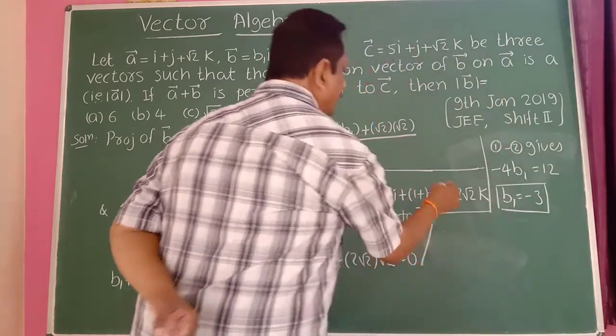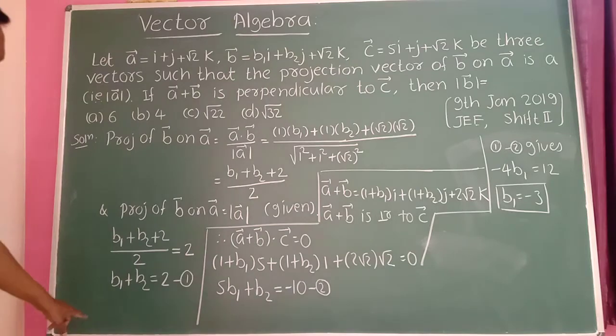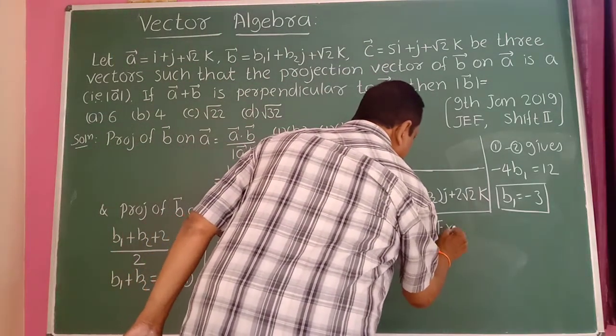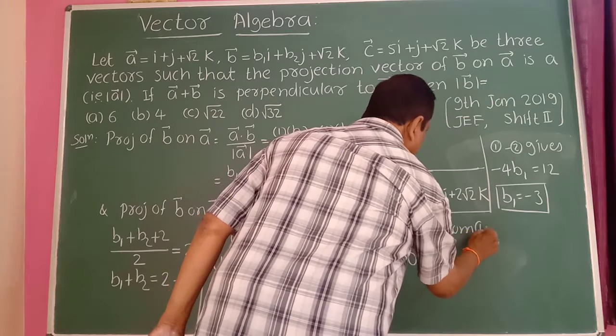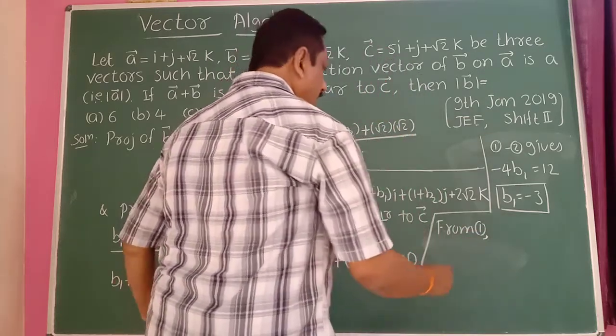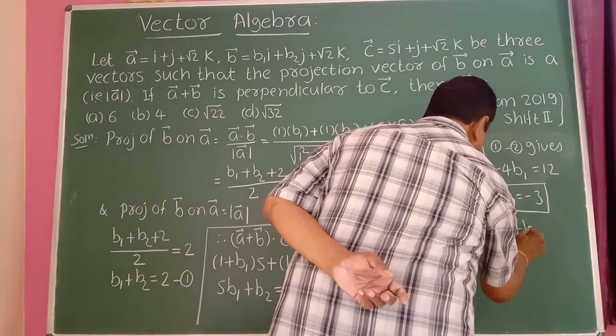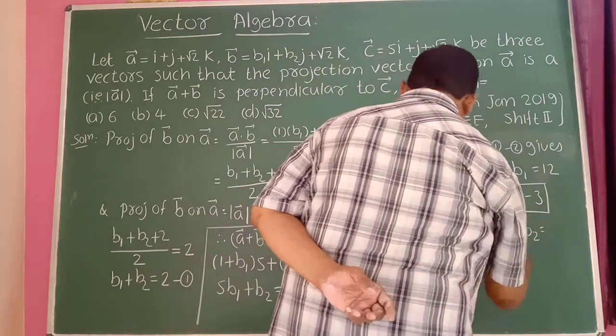Use that b1 is equal to minus 3 in equation 1. So b1 value is minus 3, plus b2 is equal to 2.